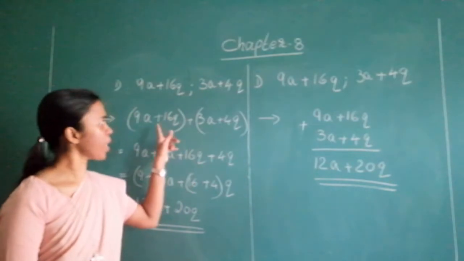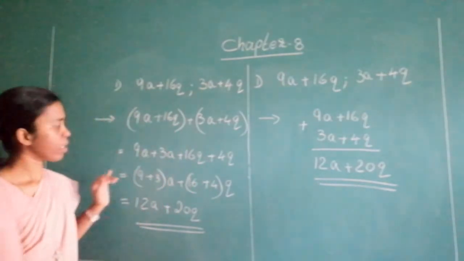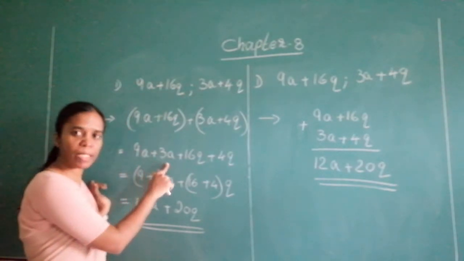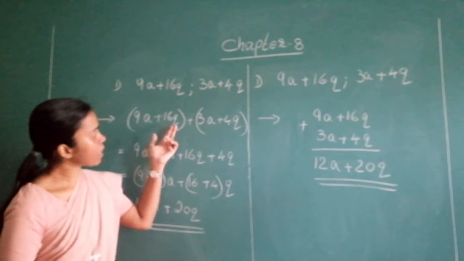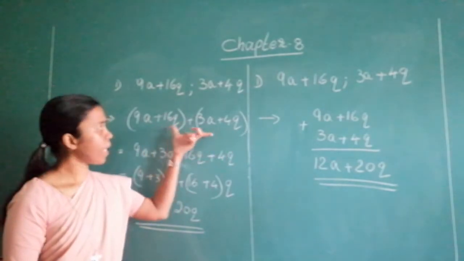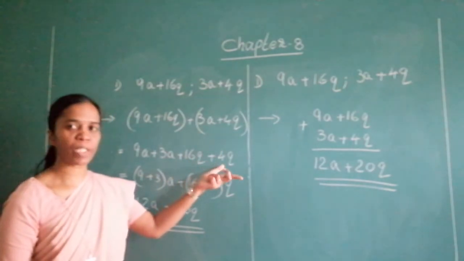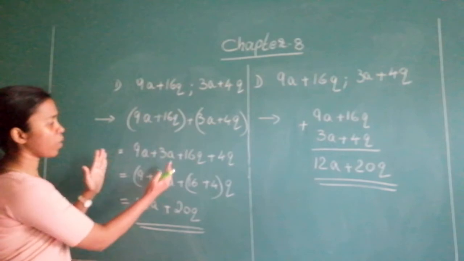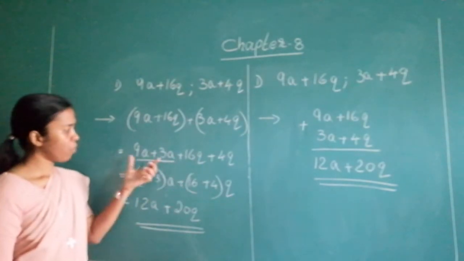They have the same variable with the same power. So I write them together, that is 9a plus 3a. Then I have plus 16q and 4q. Again, they are like terms, so I write them together, 16q plus 4q.